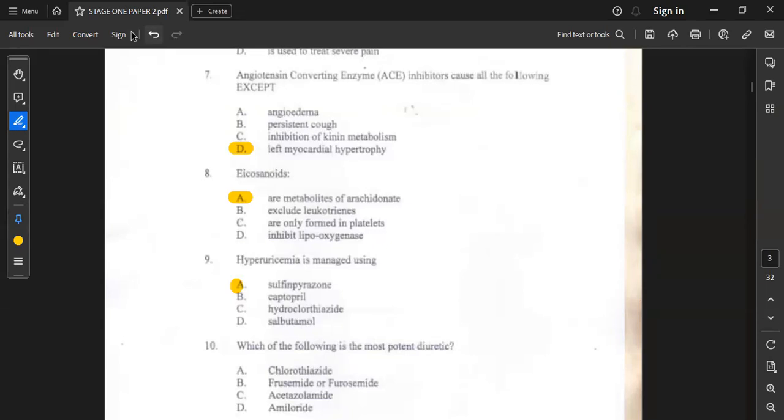Remember, in chemotherapy a lot of cancer cells are being destroyed, so a lot of DNA is being destroyed, and uric acid is a product of DNA. That's why some people, when being given chemo, are given allopurinol as a prophylaxis against hyperuricemia.